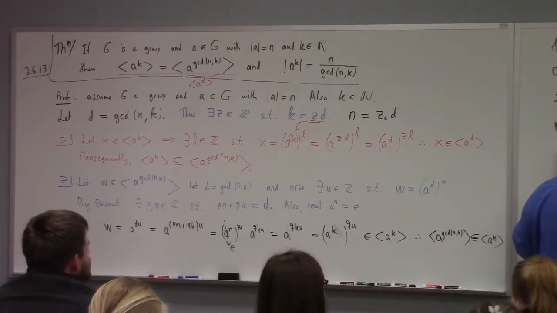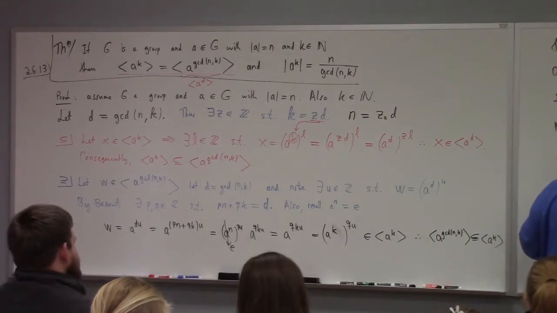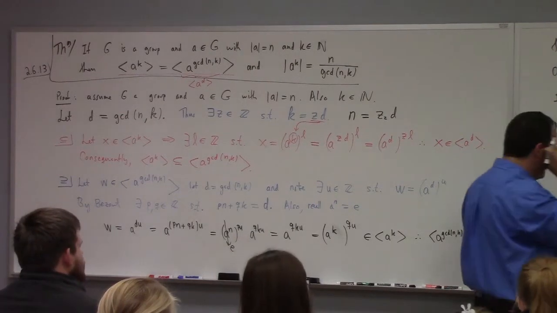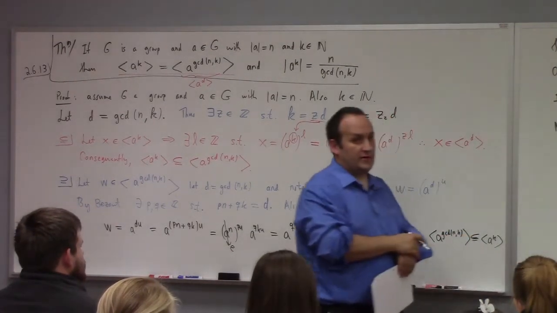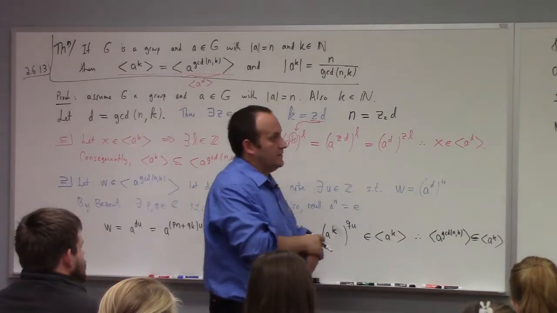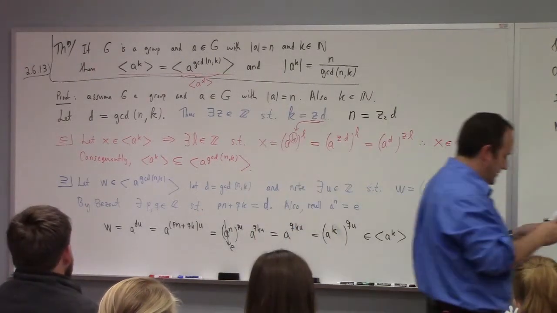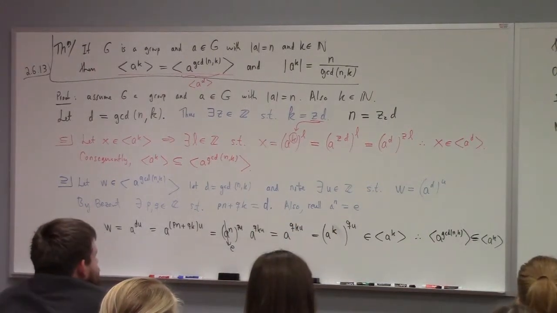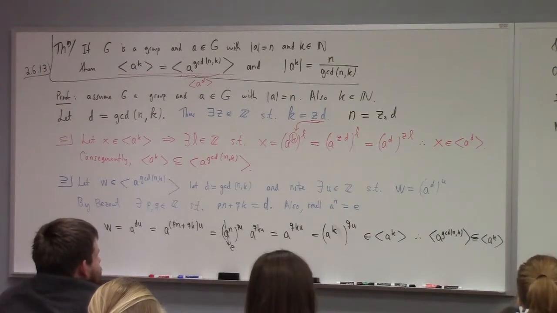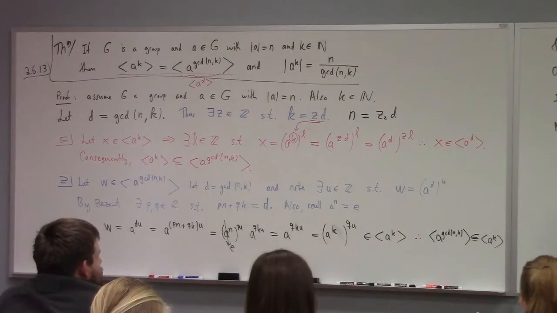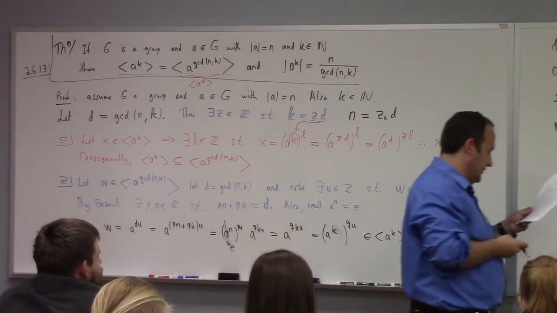GCD of n comma k. I mean, that is d, in our current notation. But that's equal to what? Apparently that's equal to n over d, right?